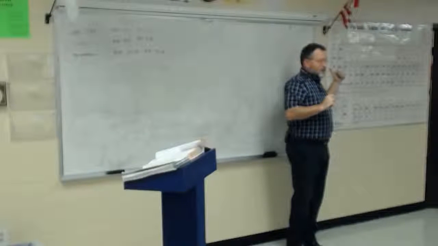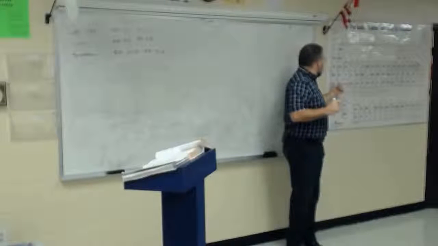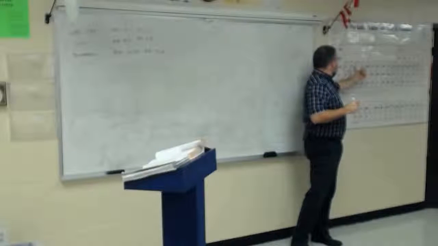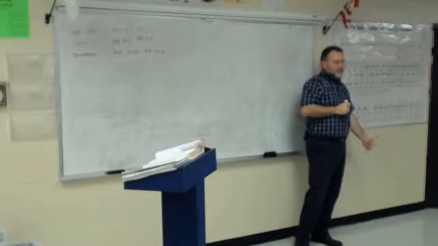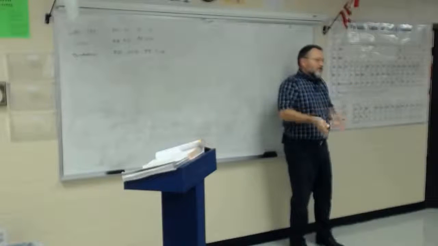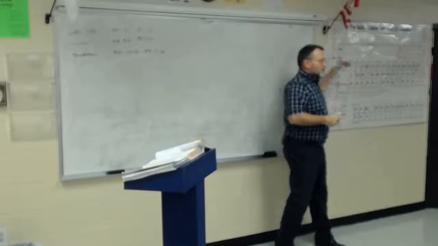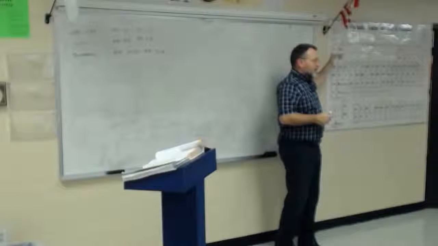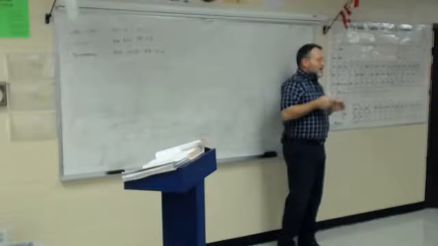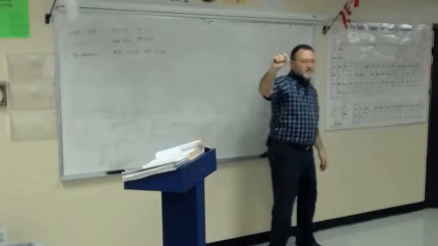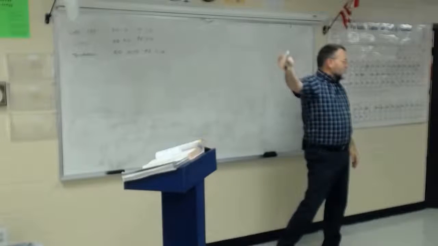You've already put something in a 5s before you put something in the 4D, for example. So if you did your electron configuration, you're going to look at the highest energy level, the highest number that precedes the 1s, the 2s, the 3s, whatever the highest number is. That highest number tells you, hey, I've put something in that energy level. How many total do I have in that energy level?